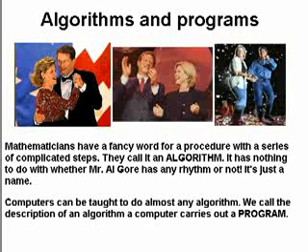We call the description of an algorithm a computer carries out a program. A programmer is a person who takes a human need which a computer can satisfy and devises or adapts an algorithm which will do the job. Then she codes the algorithm as a program which the computer follows to carry out the actual work.